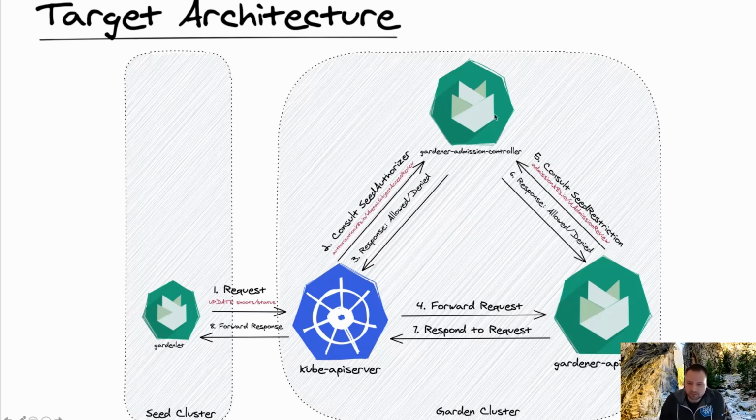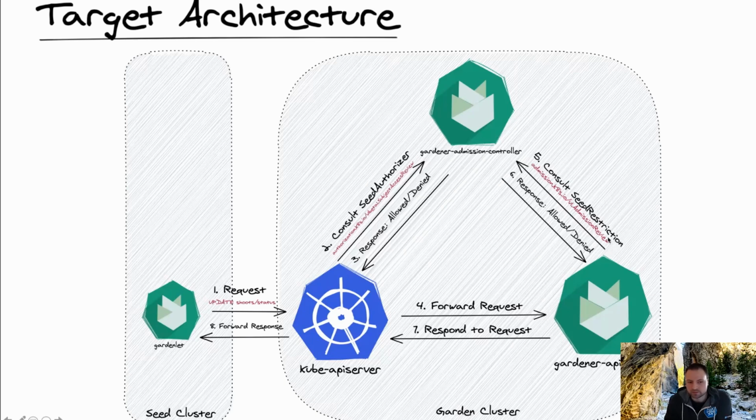This also has this graph inside, right? It then takes some decision, yes or no. And if yes, then the request is forwarded to the Gardener API server because shoots are managed by the Gardener API server. And then this component would, before it responds or allows the request, also consult the admission handler.